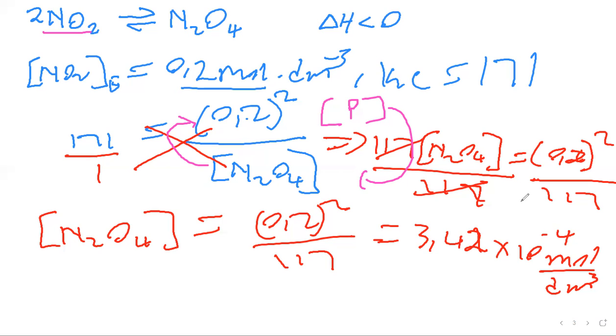Then my RICE table. I have my RICE table here. I have N2O4 as my product, right?